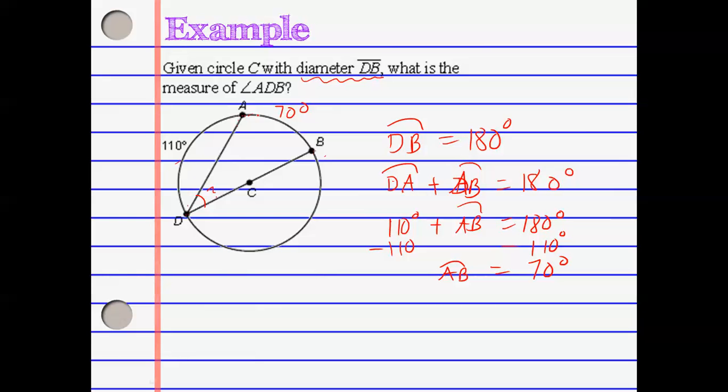So we know that this is 70 degrees right here. Now, taking the inscribed angle theorem, we know that angle ADB is half of arc AB. So we're just going to take 70 and divide it by 2, which gives us 35 degrees. So we know that angle ADB equals 35 degrees.